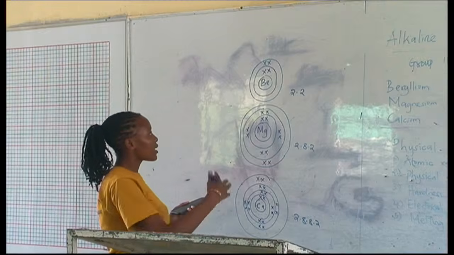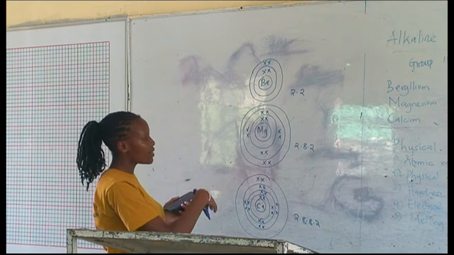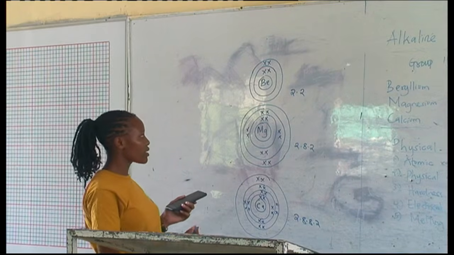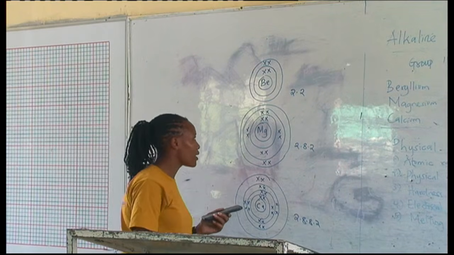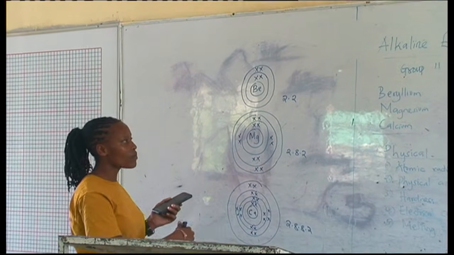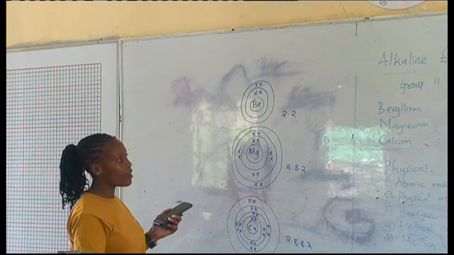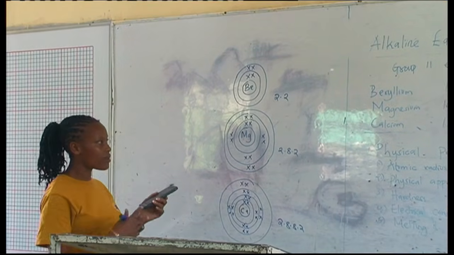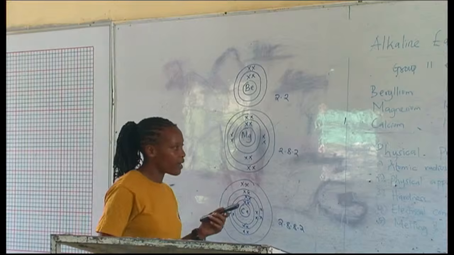That means that their atomic radius will increase down the group because of the increase in the number of occupied energy levels. As you move down the group, each and every element has an additional energy level, which makes their sizes become larger.